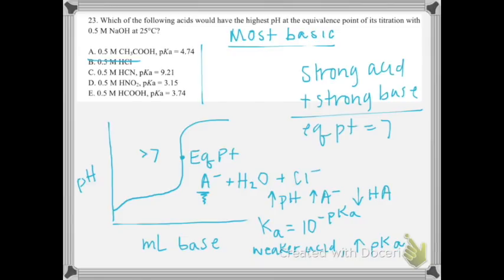And if you don't like using this logic, you can use the pKa's to calculate Ka's for each individual one. But what I'm just going to do is say that the acid with the highest pKa will be the weakest acid and will give us the strongest conjugate base. And so there's one acid on this list that clearly has the highest pKa and would be the weakest, and that's C. This HCN.